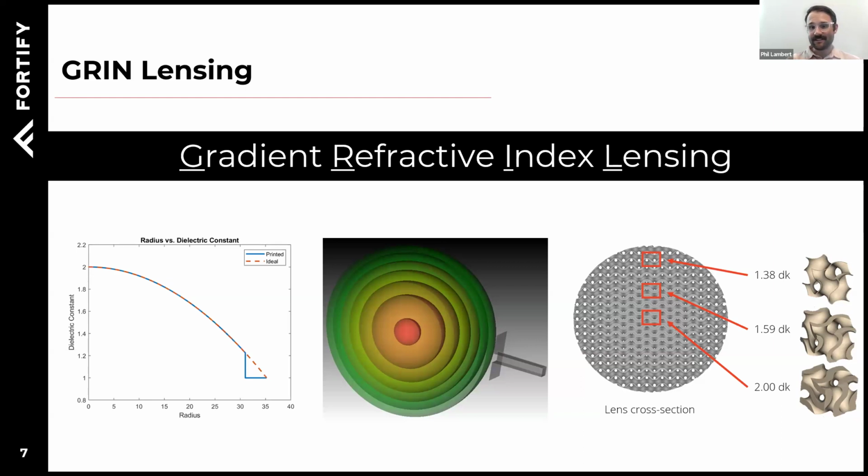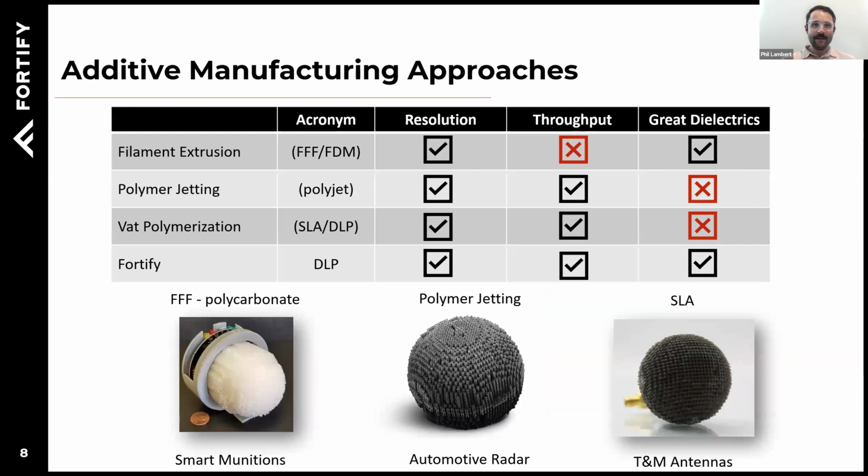And so by leveraging this type of technology and using a 3D printing process, we're able to create true gradients of effective media, of effective dielectric constant, to realize these gradient refractive index lenses. And this isn't essentially a new concept.